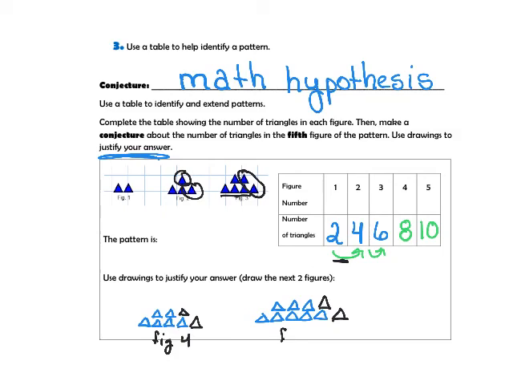So here I've created figure 5 by duplicating figure 4 and adding 2 triangles. And let's count them and see if it justifies 10 triangles. 1, 2, 3, 4, 5, 6, 7, 8, 9, 10. It does. So the pattern is add 2 triangles each term.